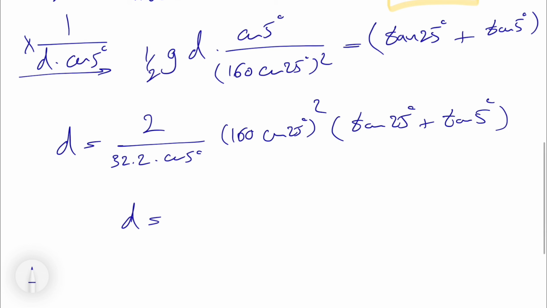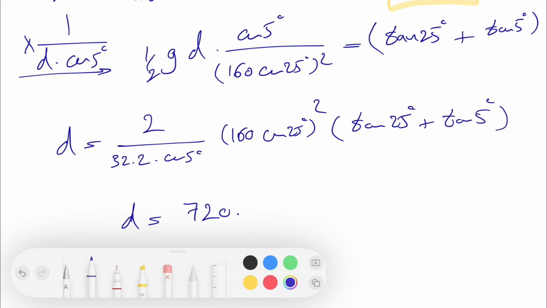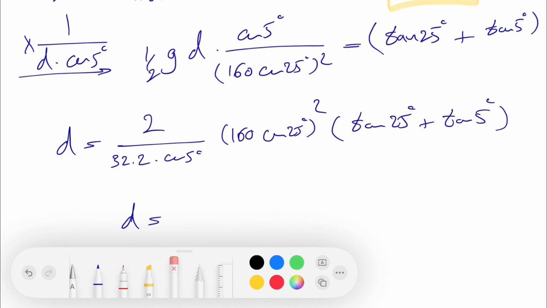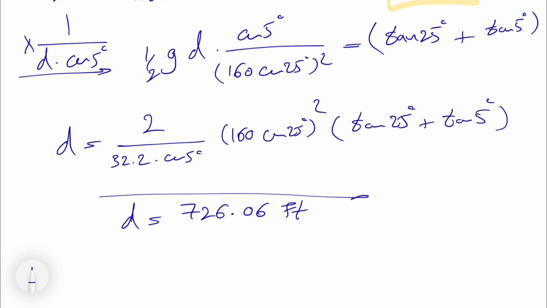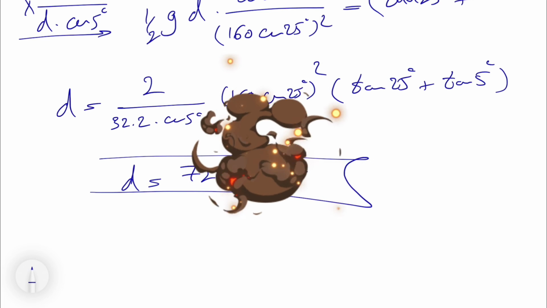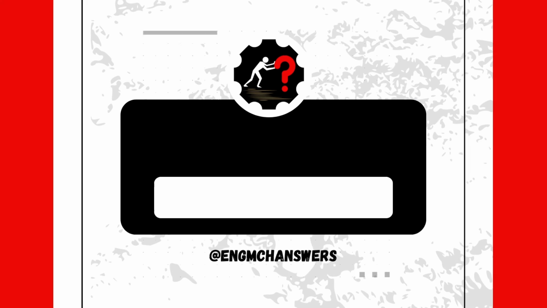And we also have 160 cosine of 25 degrees squared, and the rest will be the tangent of 25 plus tangent of 5. If you calculate this, we'll get 726.06 feet.